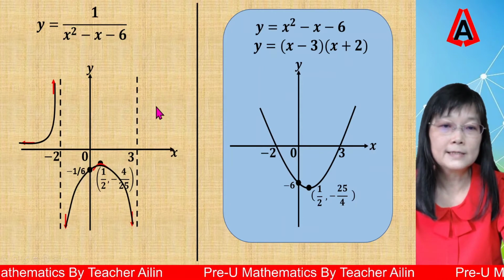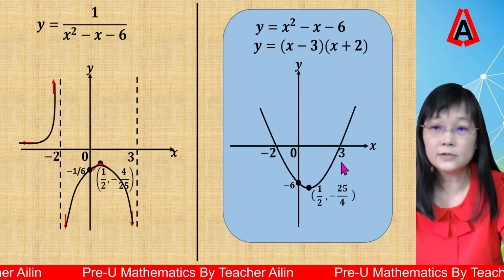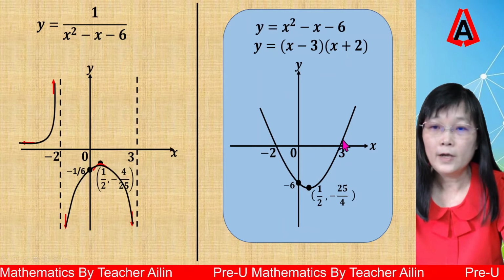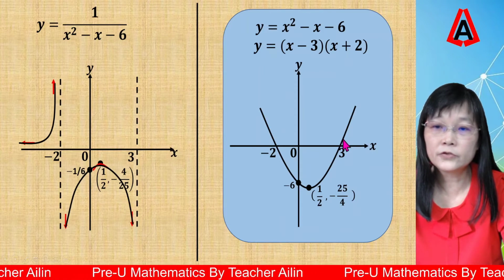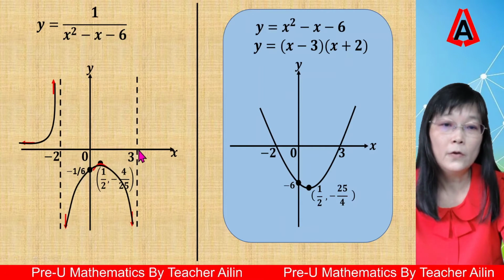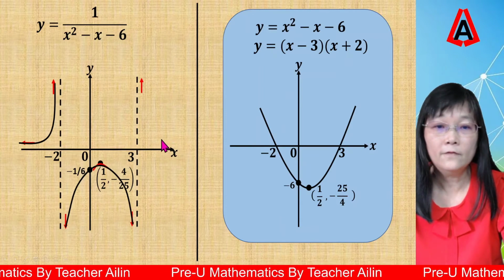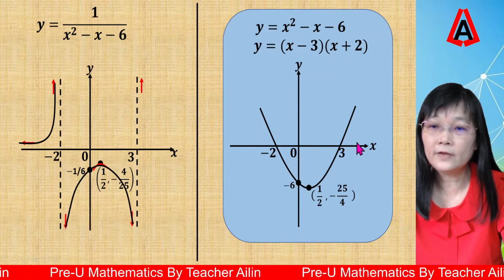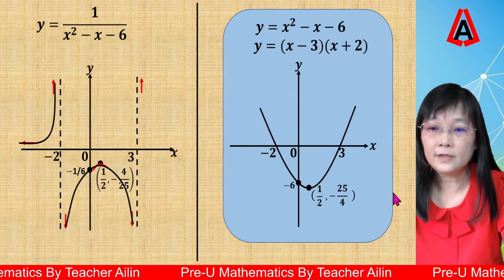Then for this side, when x is slightly greater than 3, before the change, y is slightly greater than 0. So when changed to the reciprocal function, y becomes positive infinity. Now for x approaching positive infinity, y is positive infinity.